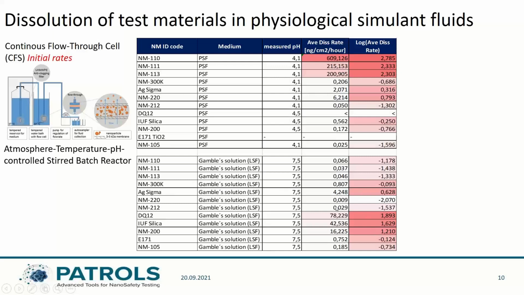And when it comes to the Gamble solution, the highest dissolution rates are found for the silica materials and also DQ12, probably related to the amorphous layer, as we mentioned before. We still see a significant dissolution rate of the Sigma silver, whereas the rate for the zinc oxides is relatively moderate in the Gamble solution.